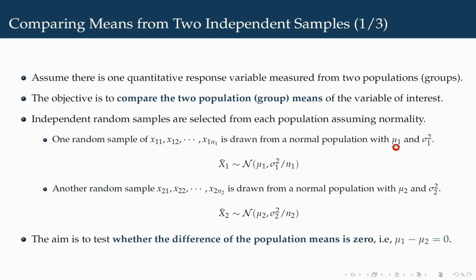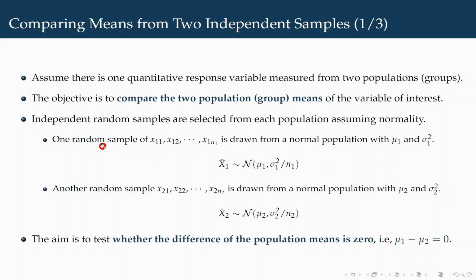Here mu1 is the mean of each observation of the first sample, and sigma 1 square is the variance of each observation of the first sample. Similarly, the mean of each observation of the second sample is mu2, and the variance of each observation of the second sample is sigma 2 square.